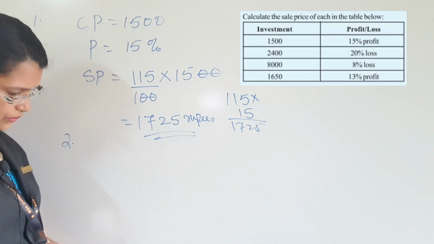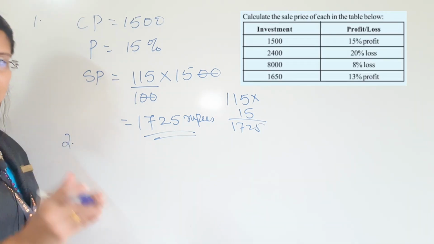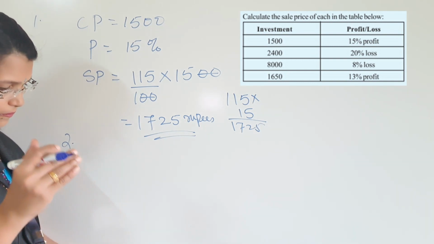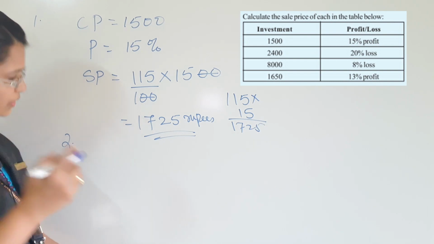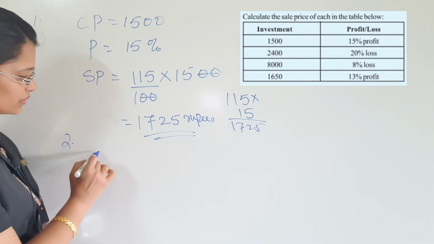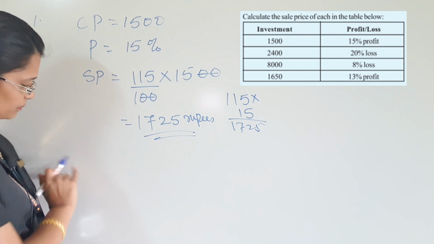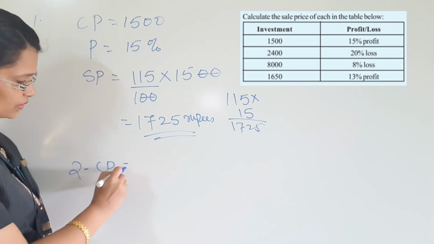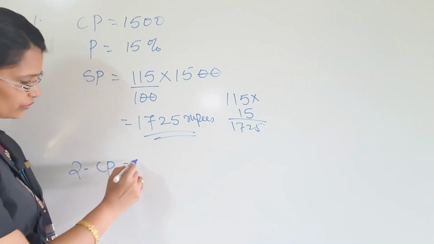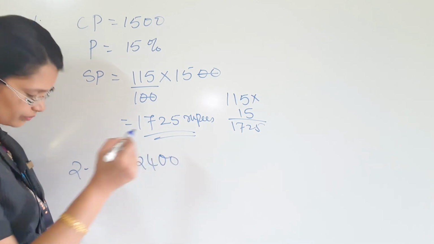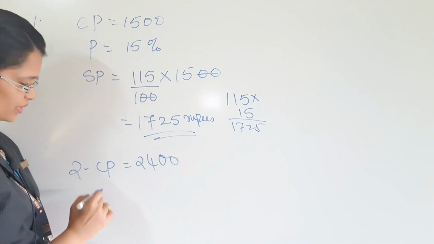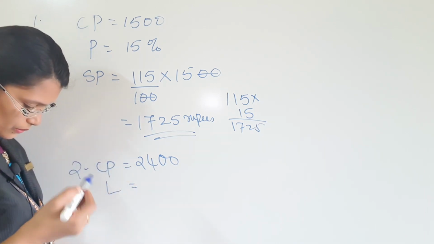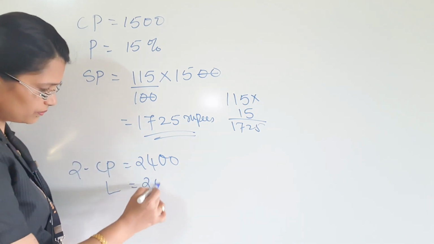Okay, look at that second question. What is that second question? Investment is 2400 and loss is 20%. So how to find out? CP is equal to 2400, then loss, here profit, here loss is equal to 20%.